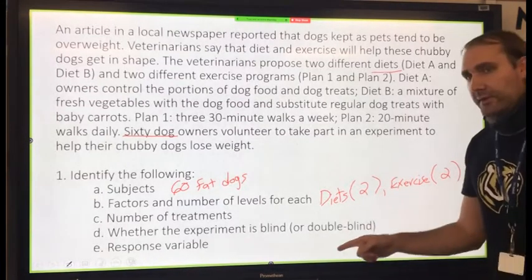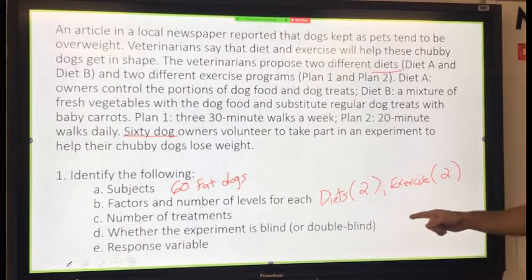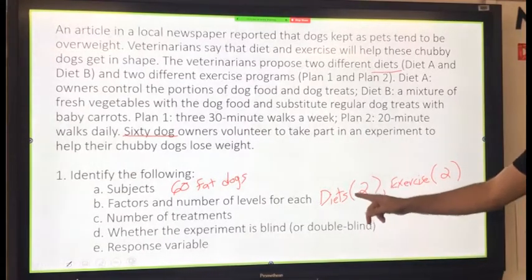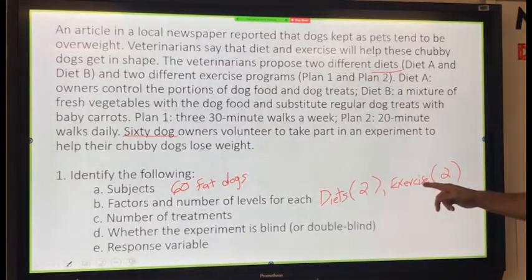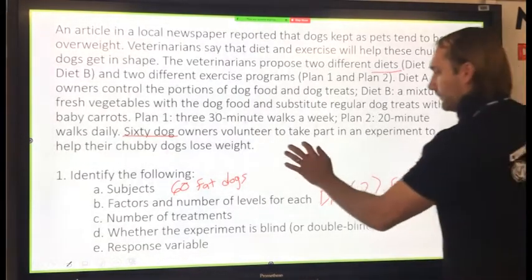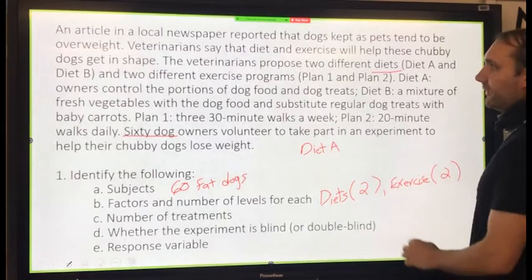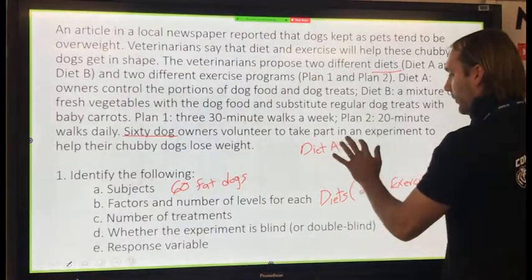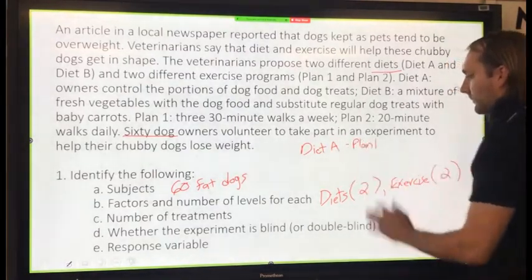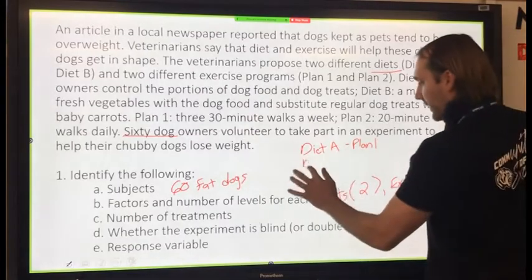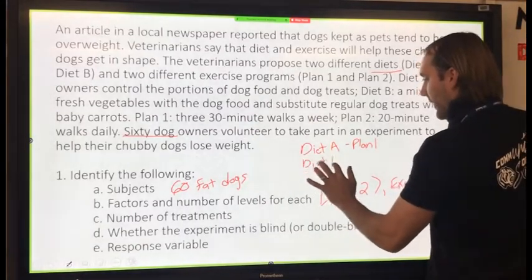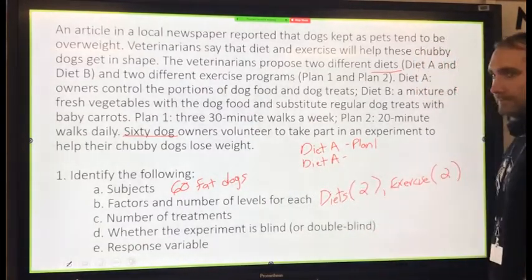Number of treatments. How can we separate diets and exercise? I'm going to have Diet A, and the Diet A dog is going to have exercise Plan 1. I'm also going to have Diet A with exercise Plan 2.